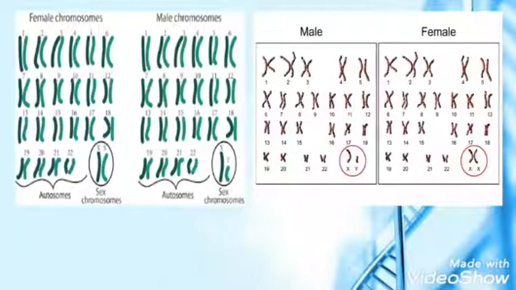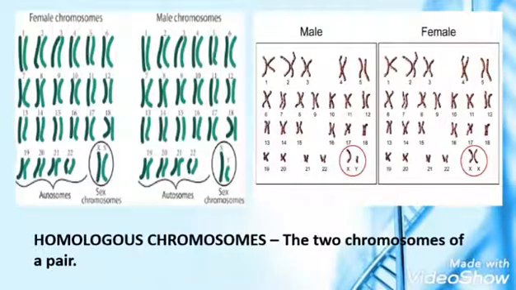In each pair, one is from the person's mother and the other from their father. The two chromosomes of a pair are called homologous chromosomes. There are two types of cell division, mitosis and meiosis.